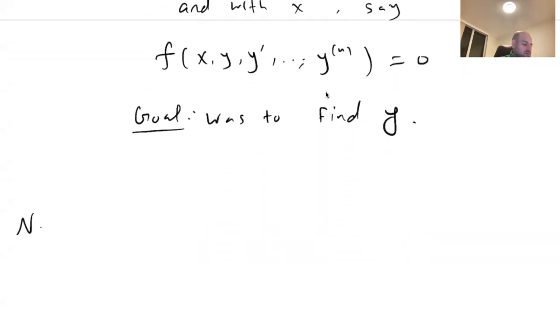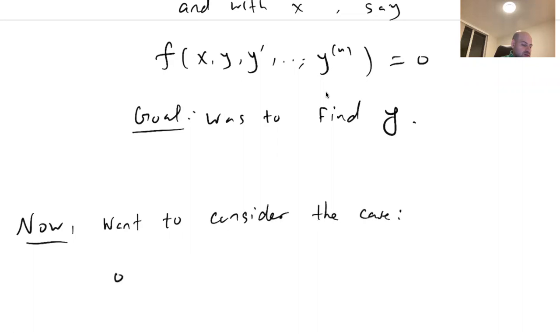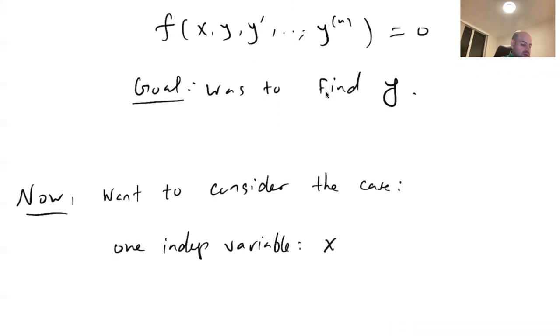So now we want to consider the case where we have one independent variable, let's call it X again, and potentially more than one dependent variable.